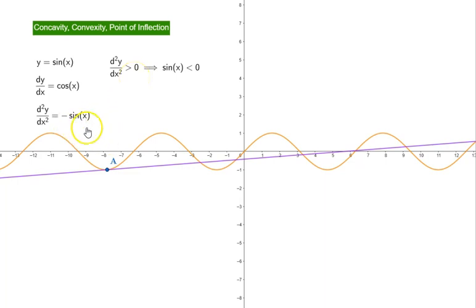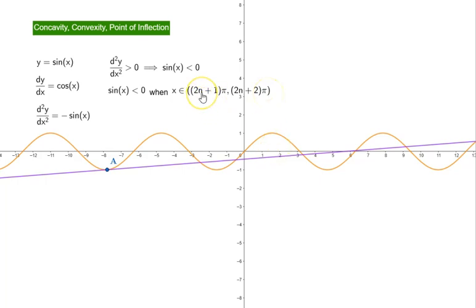To get rid of this minus sign, we multiply both sides by minus 1. So we get sin x is less than 0. So when is sin x less than 0? When x is in the interval 2n plus 1 pi, comma 2n plus 2 pi.